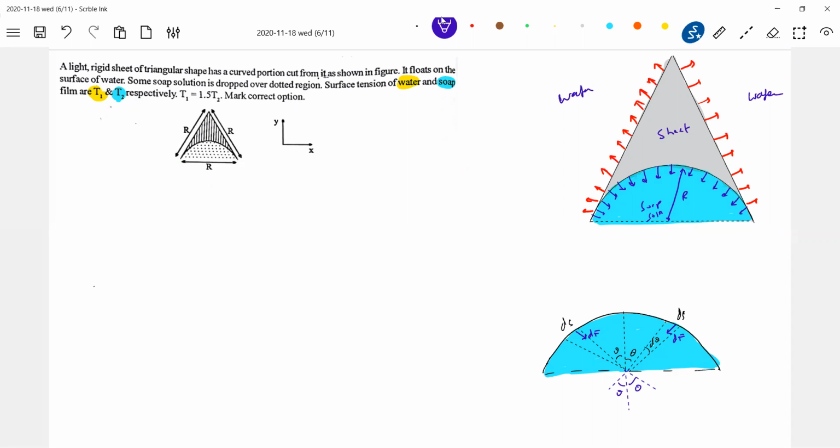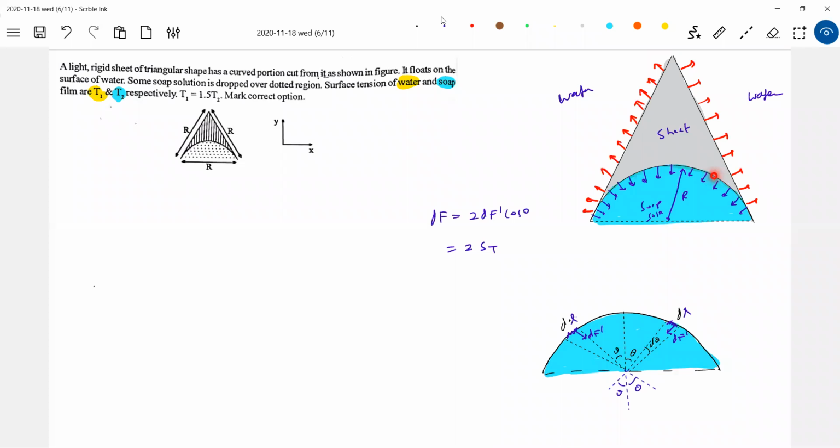So therefore this should become equal to df dash, I'll write it. So df equals 2 df dash cos theta. What is df dash? Surface tension into length dl. I'm asking you to take some small length, elemental length.